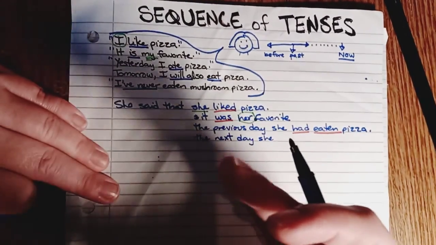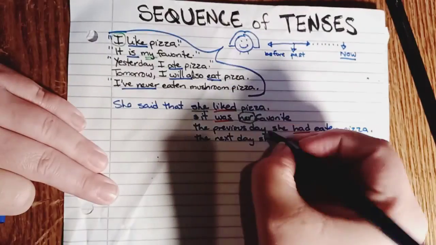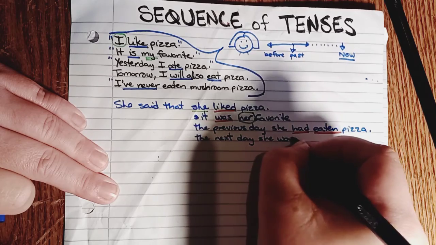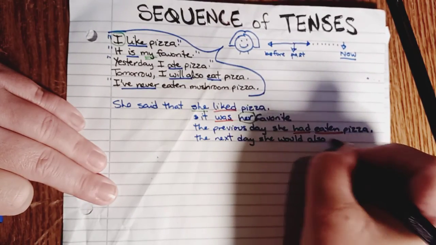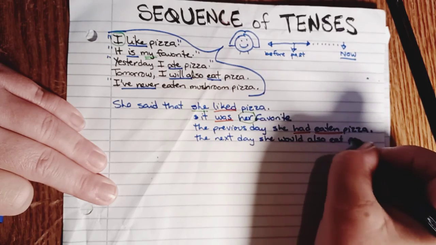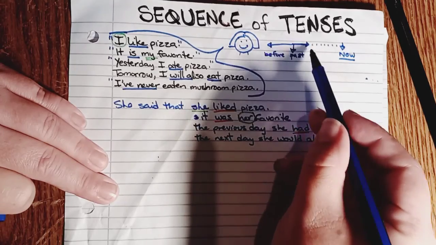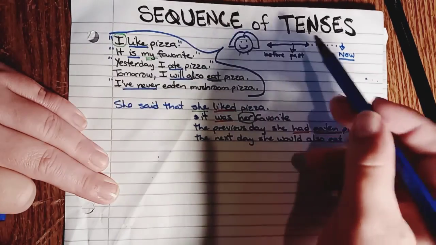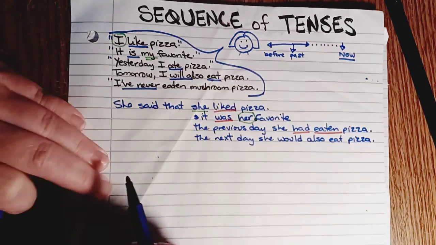If you remember, when we change will to a past version or an imaginary version, we change it to would. She would also eat. Because we don't know if it really happened, right? So we're just imagining. She said will, but since we're talking about the past, we change it to would.